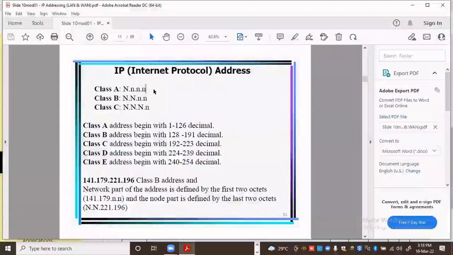Well, a little over 16 million. You got 16,777,216. That's a lot of IP addresses.